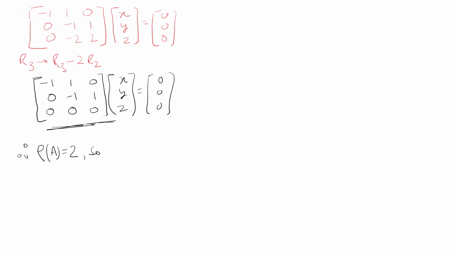At that stage it converts into equations: x plus y is equal to 0 and minus y plus z is equal to 0. So we obtain two equations.